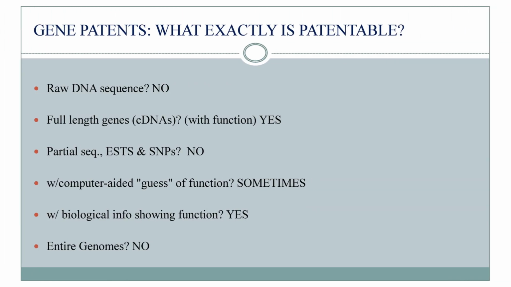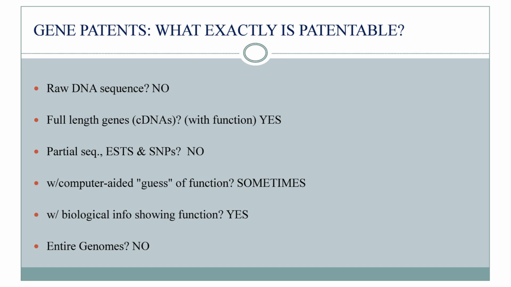This brings us to gene patents. What exactly is patentable? If you observe the table, it lists different types of genetic material against whether they are patentable. Raw DNA sequence? The answer is no. Full-length genes, cDNAs with function? The answer is yes. Partial sequences, ESTs and SNPs? The answer is no. With computer-aided guess of function?